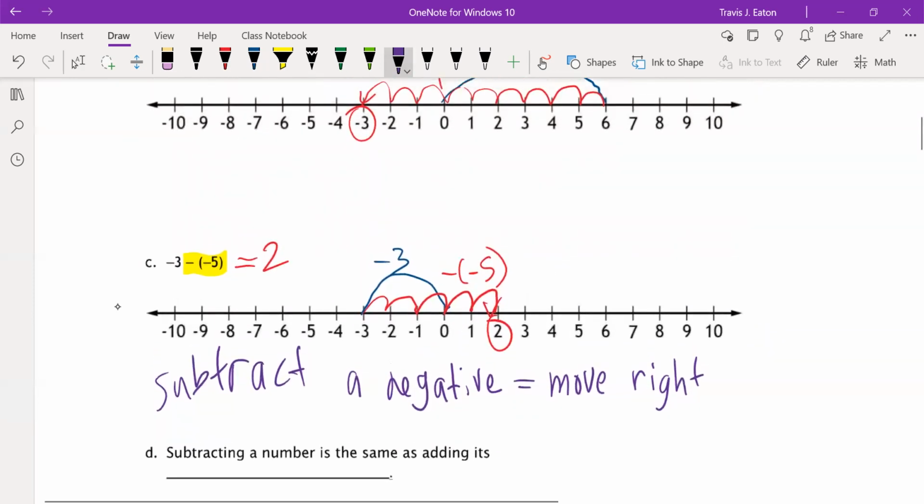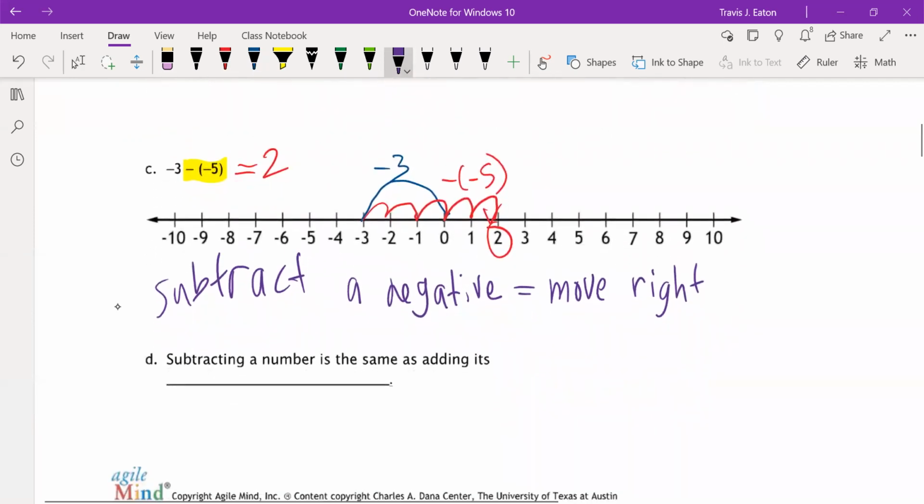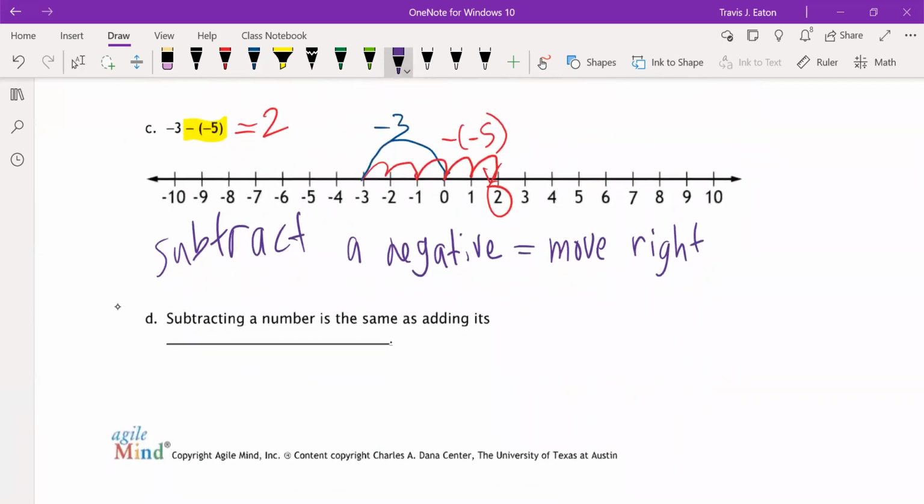So the thing I want you to see here is that, like in letter D here, it says subtracting a number is the same thing as adding its what? Well, let's look at a couple of examples here really quick.